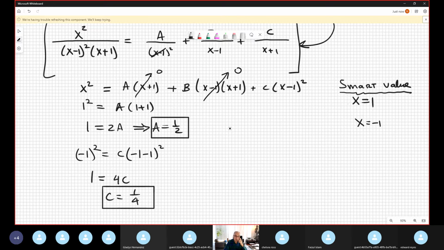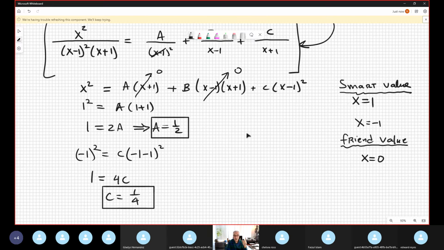Now I have no more smart values, because the only values that create 0 in a factor are 1 and negative 1. So I use a free value. What is a free value? It's completely arbitrary, because we need only one more. I like 0 so much because it's easy to understand. Plugging in 0, you already know a and c, so you need to find only b.